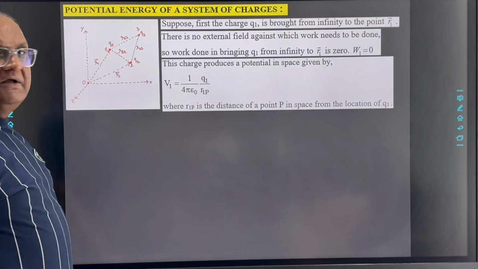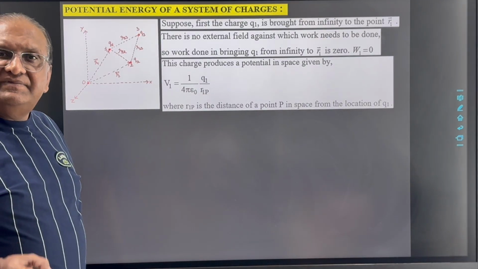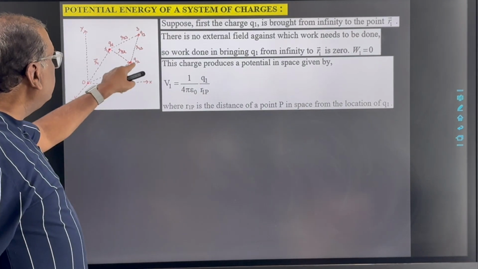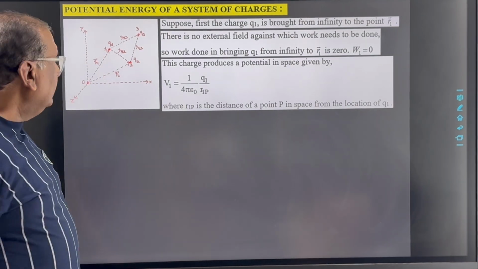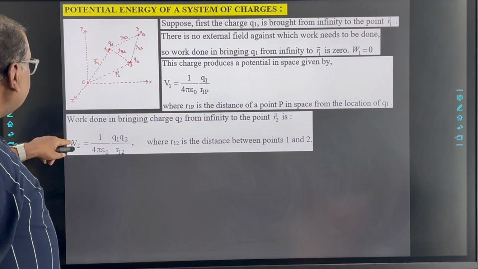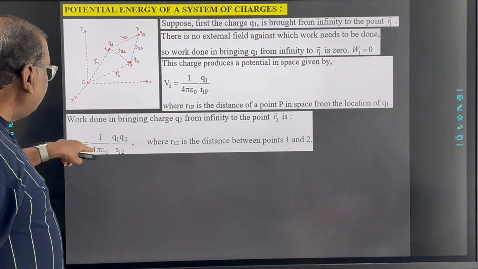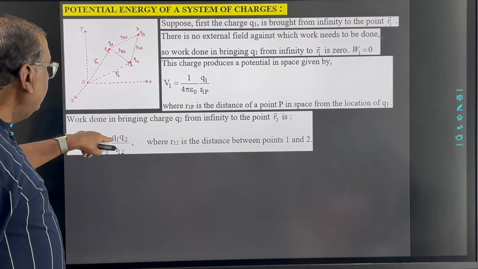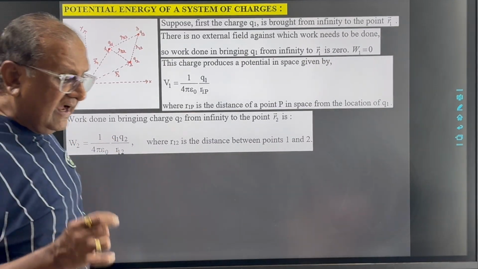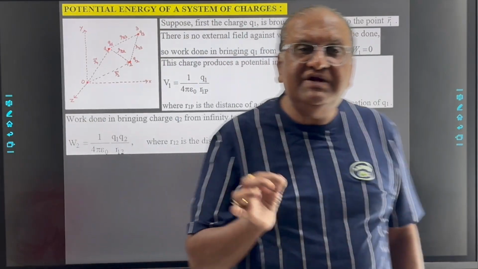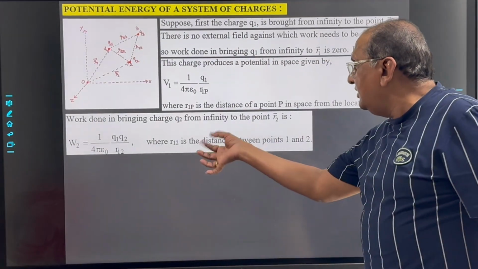So here the total work done is charge Q2 into the potential of charge Q1. So we can write the work done in that process as 1 upon 4 pi epsilon 0 Q1 Q2 upon R12, where R12 is the distance between point 1 and 2.